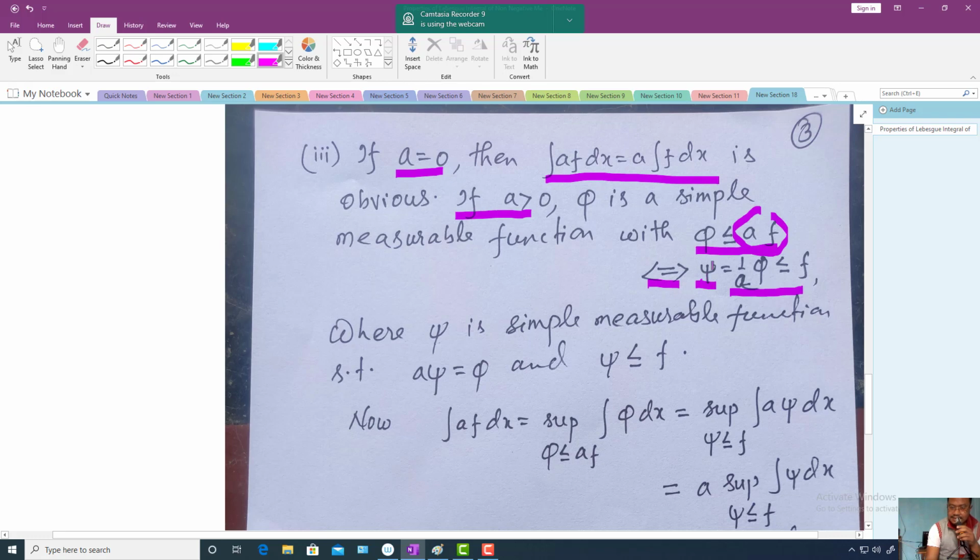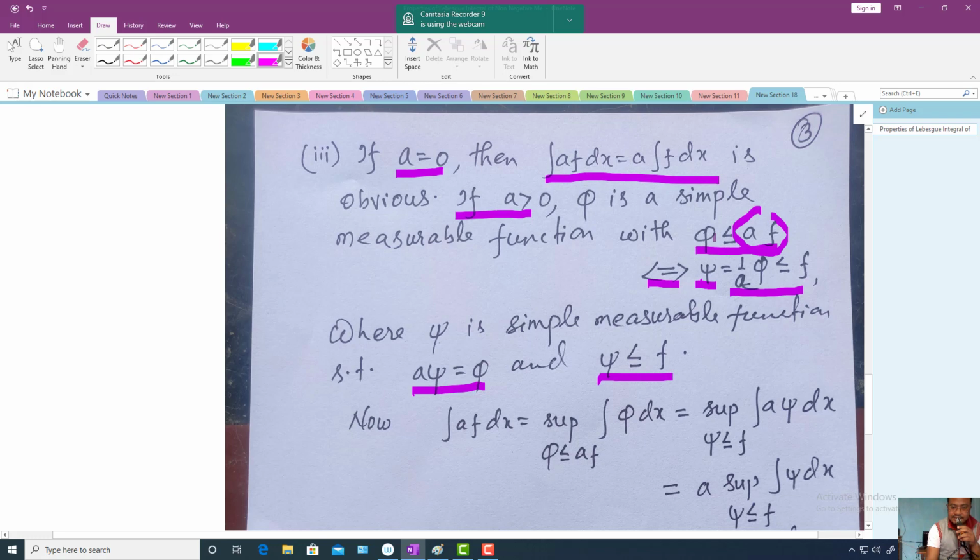So what does it say? Whenever you have a simple measurable function phi less than or equal to af, you have a simple measurable function psi less than or equal to f, where a psi is equal to phi.